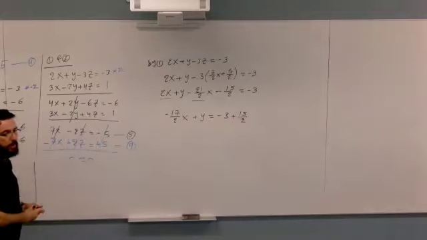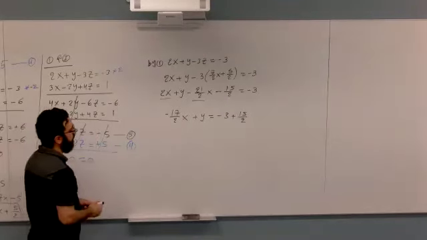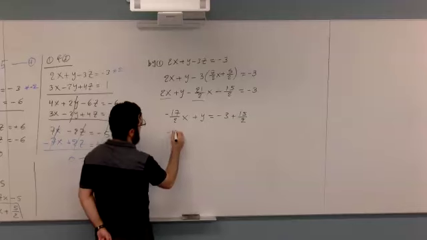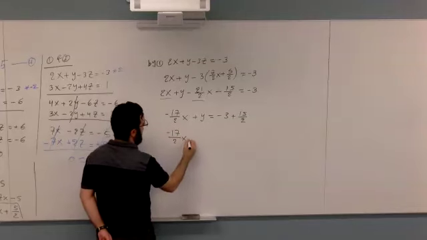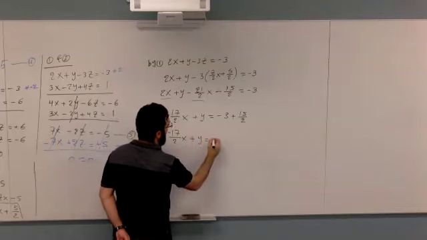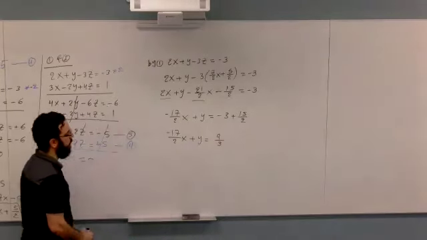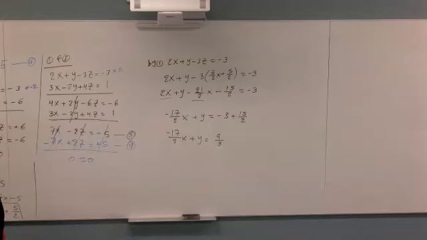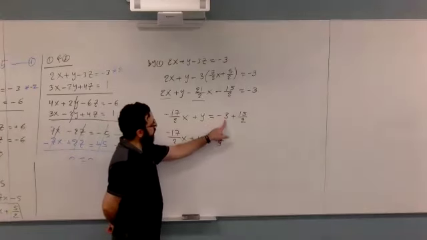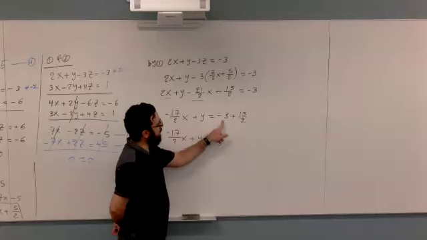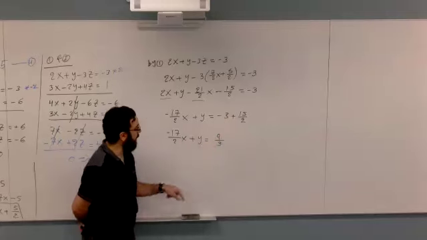Combine these together. -3 plus 15 over 2 is 9/2. Multiply this one by 2, divide by 2, so it's going to be -6 plus 15 is 9/2.